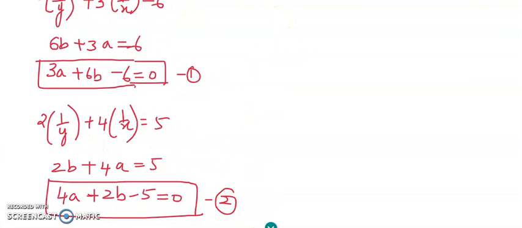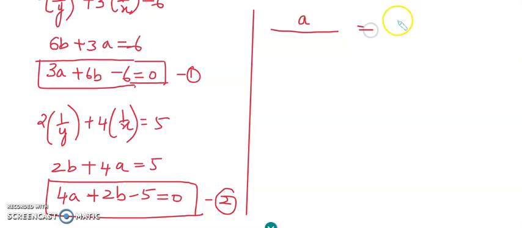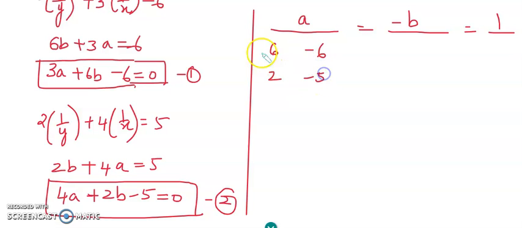Let me keep my equation like this and put a line. Now it will be a upon, minus b upon, and 1 upon. For a, I'll put the coefficient of b and the constant: 6, 2 and minus 6, minus 5. For b, I'll put the coefficient of a, which is 3, 4, and the constant, minus 6, minus 5.